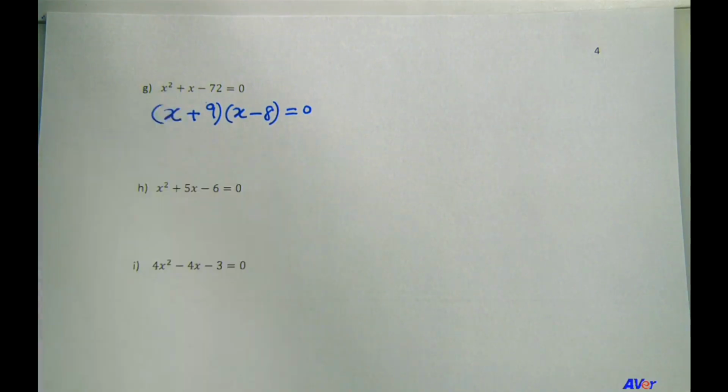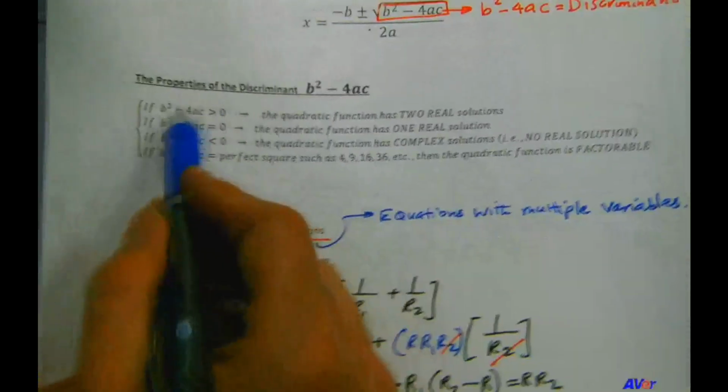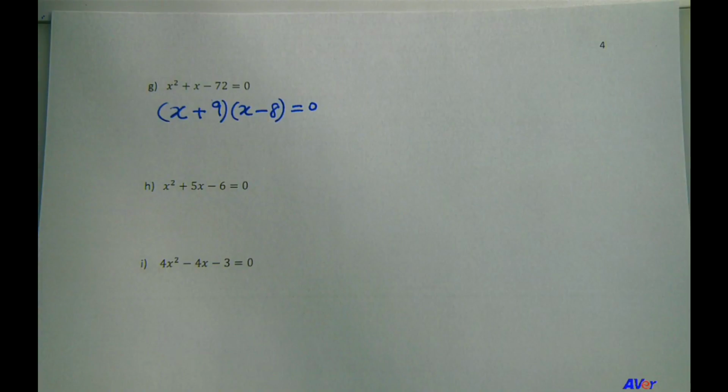And the discriminant, remember when we talked about the discriminant? The discriminant tells us whether we have real solutions and how many, or whether we have complex solutions and how many. We talked about the discriminant on the first page, the properties of the discriminant. Okay, so here it looks like both solutions are going to be real solutions.